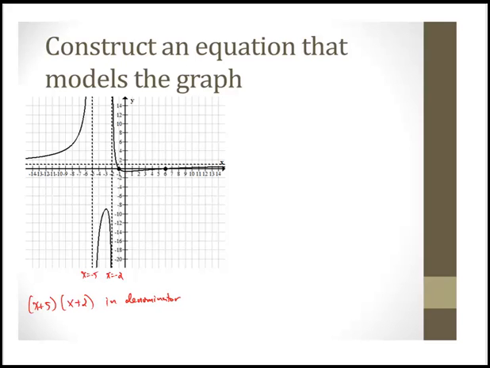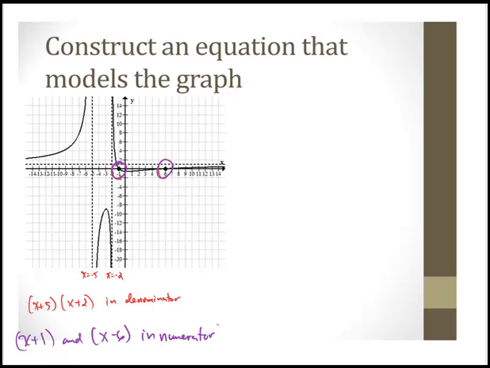Now I'm going to focus on the intercepts. I have an x-intercept of -1 and an x-intercept of 6. So that means I need a factor of x plus 1 and a factor of x minus 6 in the numerator.